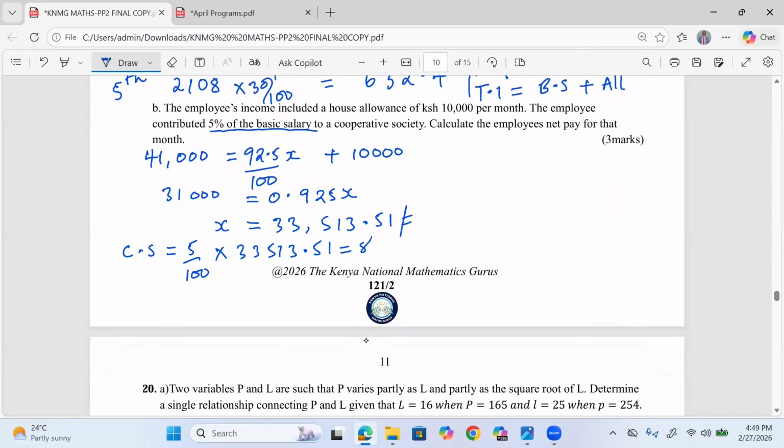So there is a deduction of 5% of 33,513.51, giving us 1,675.68. That is one deduction.